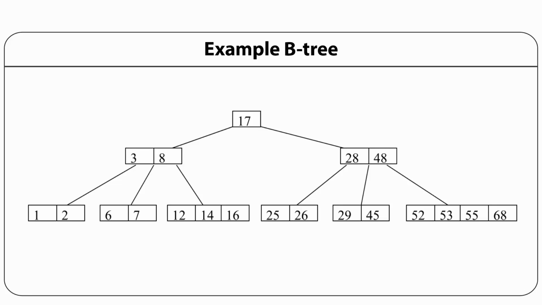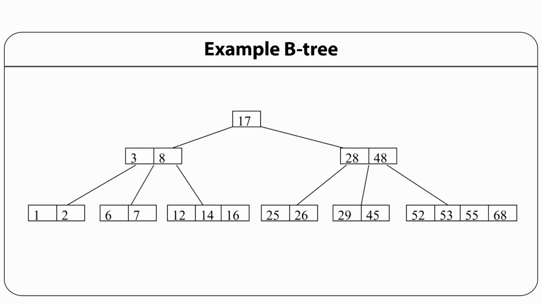Then we have node 8. To node 8 we have two values to its left, 6 and 7, and to its right we have 12, 14 and 16, which are bigger than 8. Similarly, on the right hand side we have two values, 28 and 48.